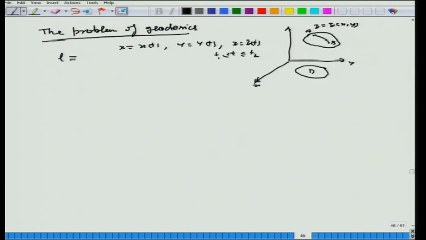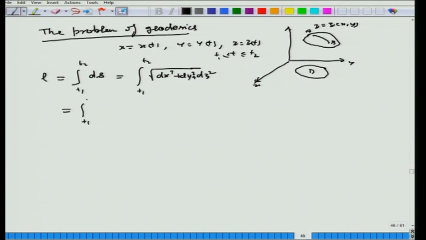So, that is what this curve will be described by, these 3 equations, and so then L will be given by integral t 1 to t 2 d s, and that is integral t 1 to t 2 square root d x square plus d y square plus d z square, in terms of the parameter t.